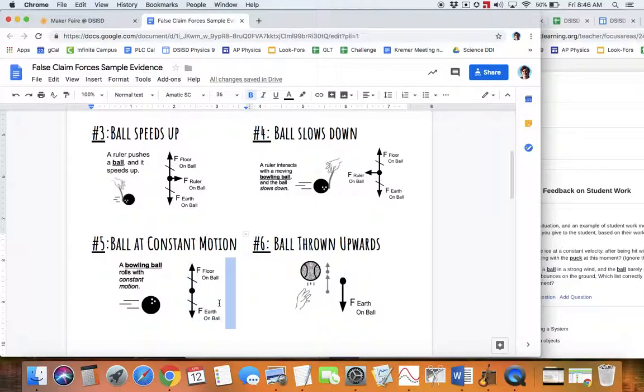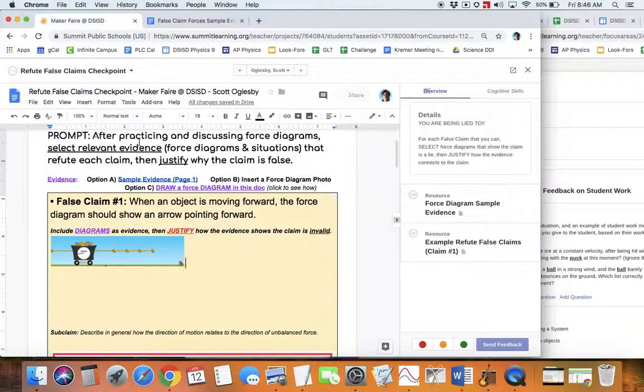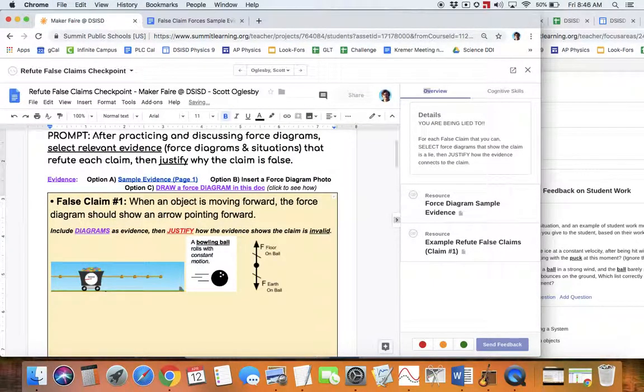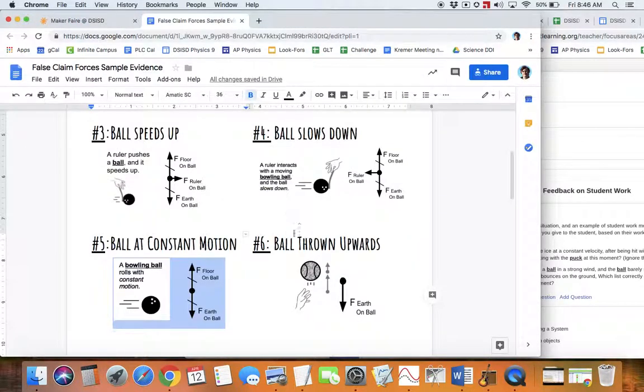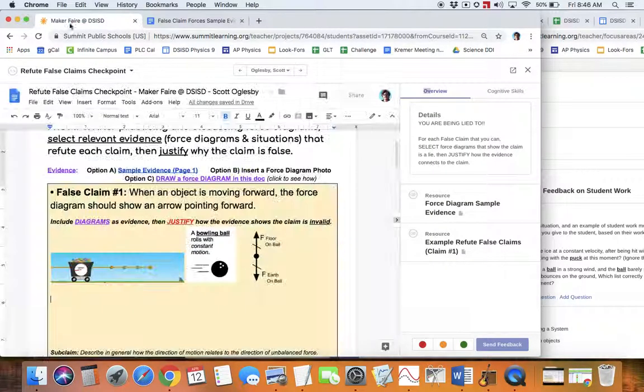So I'm going to actually select both of these diagrams. I'm going to copy them, and I'm going to paste them in here along with the other one. So I've got some good evidence here. In fact, there are other options here that could be used. Evidence 4 and evidence 6 are also useful here, but we're going to move on to the justification now.